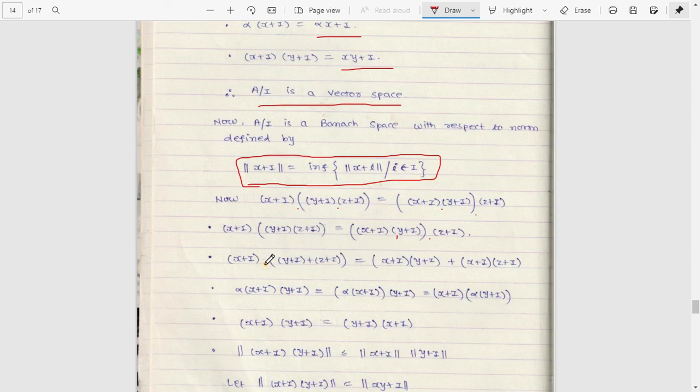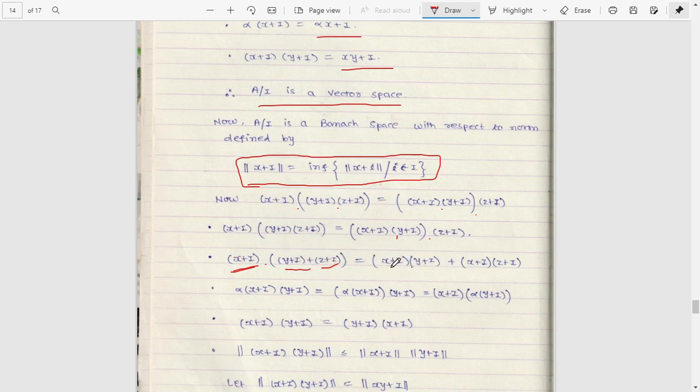(X plus I) into ((y plus I) plus (z plus I)) is equal to (x plus I) into (y plus I) plus (x plus I) into (z plus I). We multiply (x plus I) into (y plus I) and (x plus I) into (z plus I).